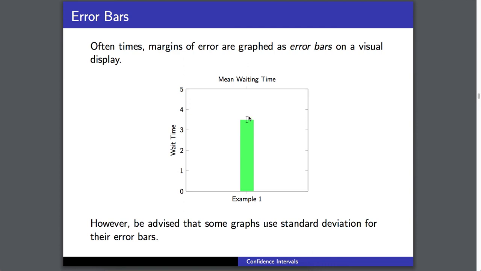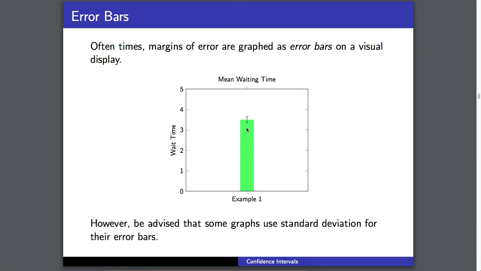Our margin of error, the upper value 3.5 plus 0.147, and then the lower value 3.5 minus 0.147, are represented by this vertical bar that looks like a capital I. So the bigger the margin of error, the taller this bar is going to look.